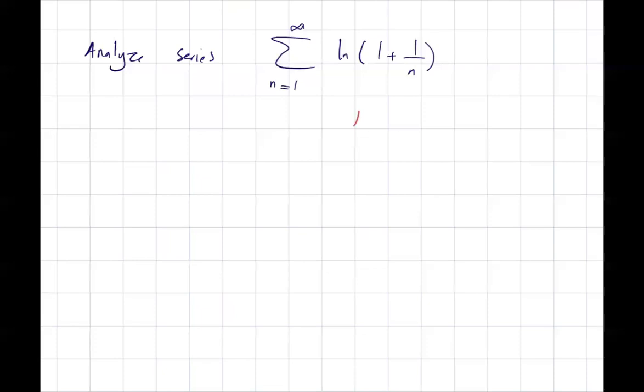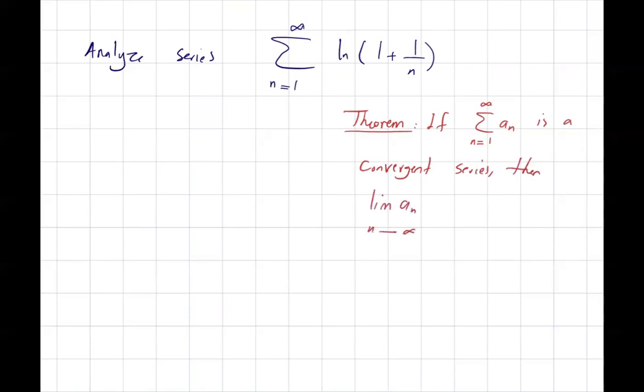Remind yourself of the theorem. The theorem says if series an, n start from 1 goes to infinity, is a convergent series, then the limit of the general term as n goes to infinity must be 0.